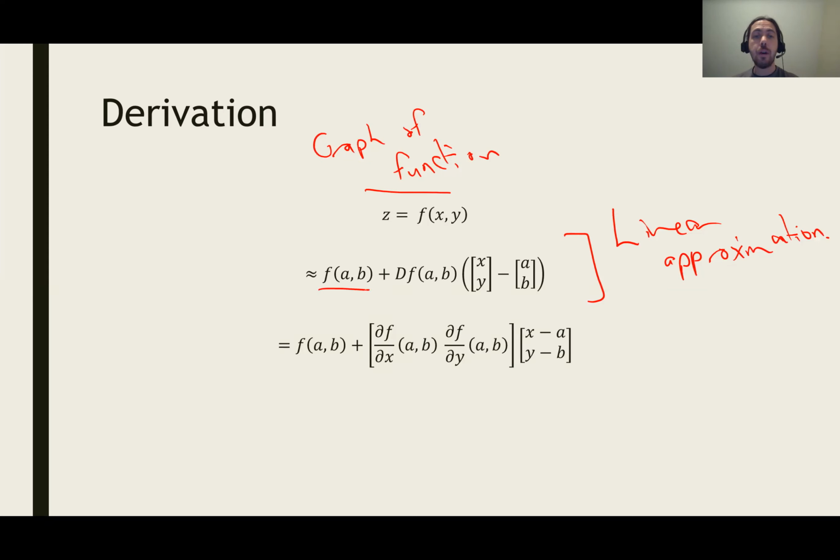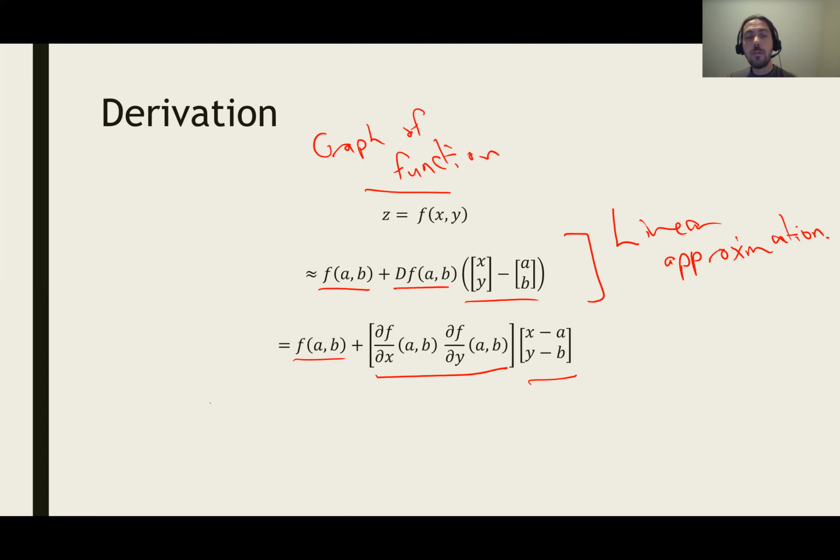It's the value plus the derivative matrix times the column vector of inputs minus a, b, the start point we're working with, and that's equal to f of a, b plus the partial derivatives times x minus a, y minus b.